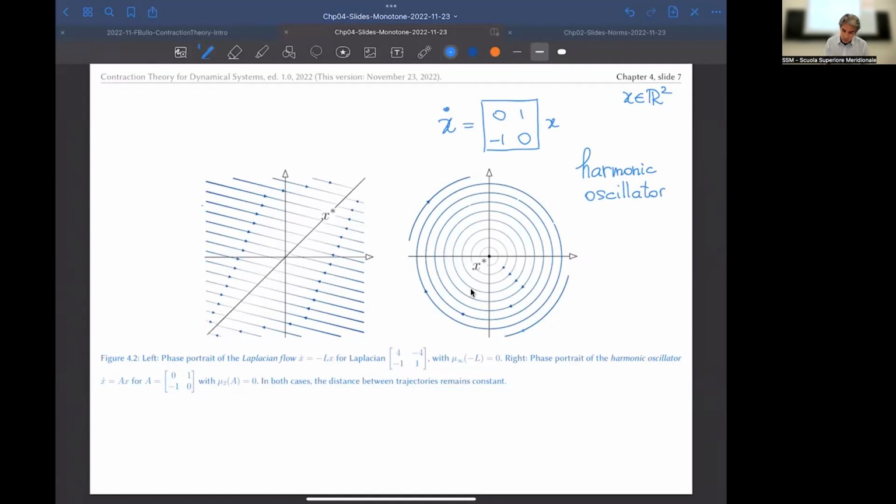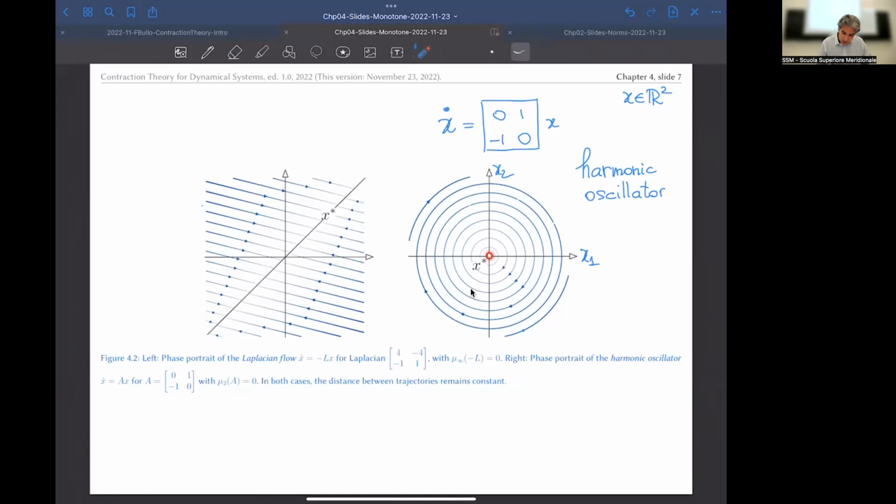So this would be x1 and that would be x2. And what we observe about this oscillator, that phase portrait, is that there exists an equilibrium point, x star, at the origin. And all trajectories run around it. They do not converge to the point.